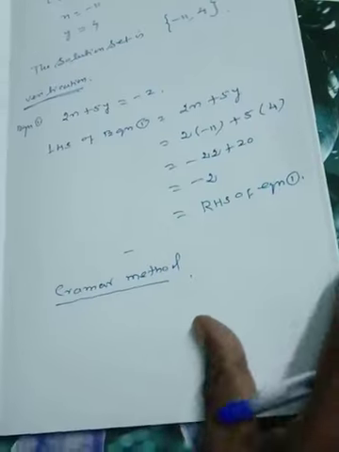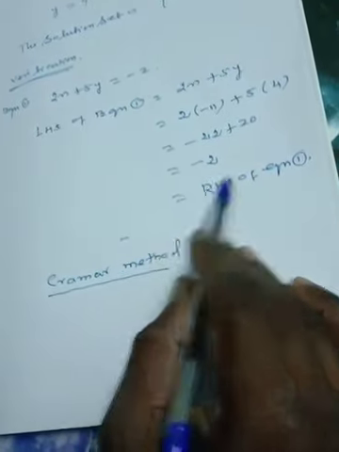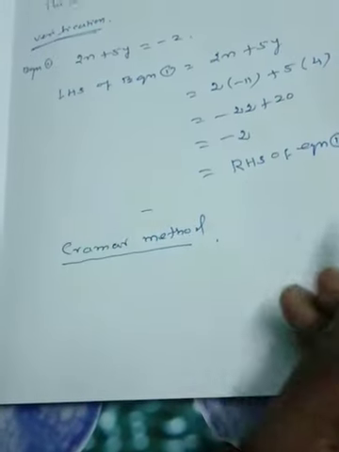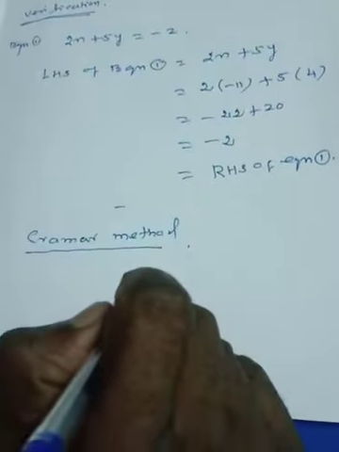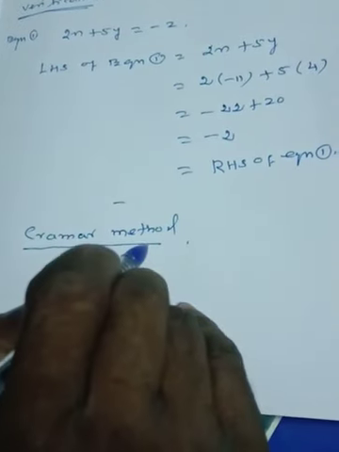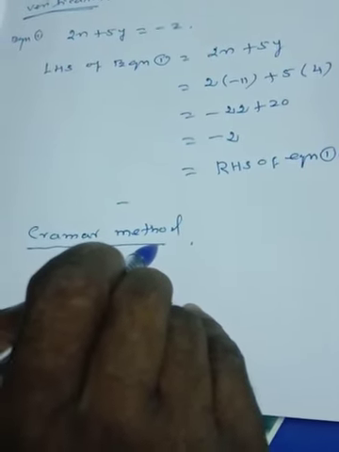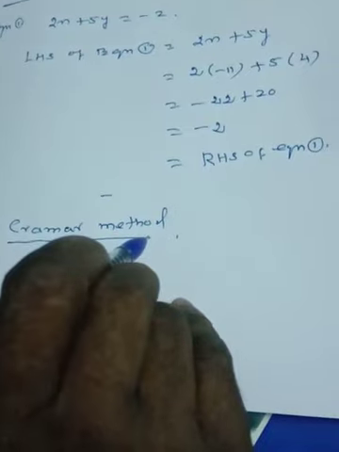First, two equations are given, which are linear equations. Three equations are given, which are linear equations. This is very important from the examination point of view, how to tackle the problem.